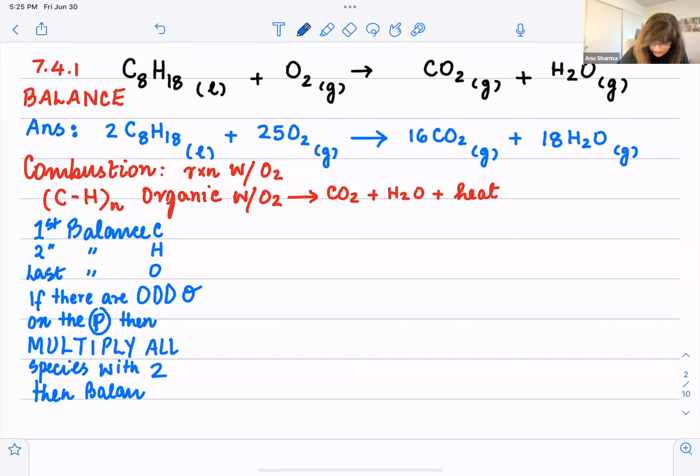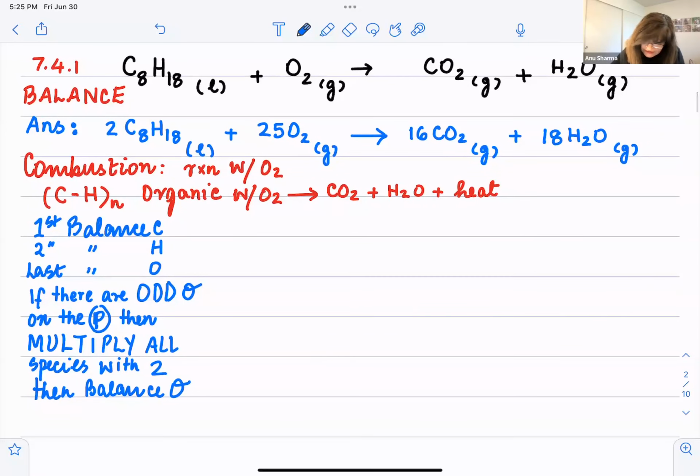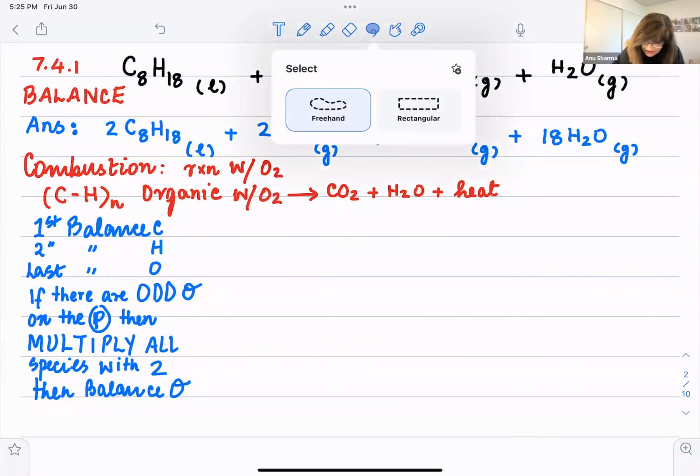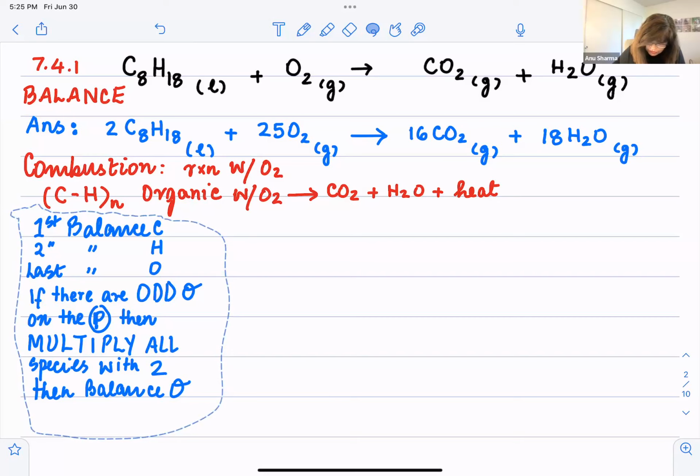In this case, oxygen turns out to be odd, so that's why we have to do this. These are just the rules, and we will follow these rules and then you're good.